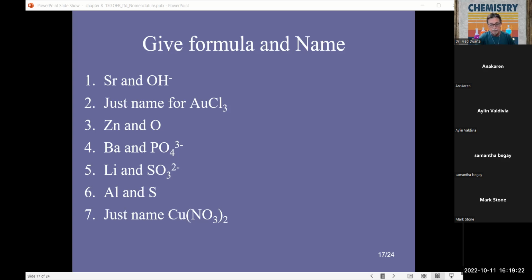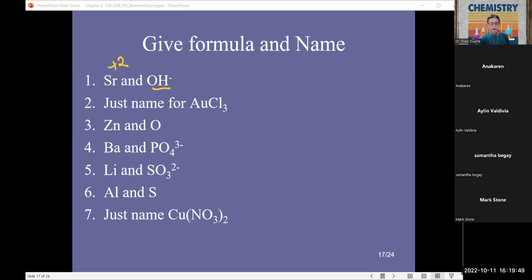And being a metal, we know that it will have a positive 2 charge as an ion. So we need to convert that element into its respective ionic form. We're given the partner here, which is the OH with a negative charge. So that in itself should tell you, oh, I'm dealing with polyatomic ions.